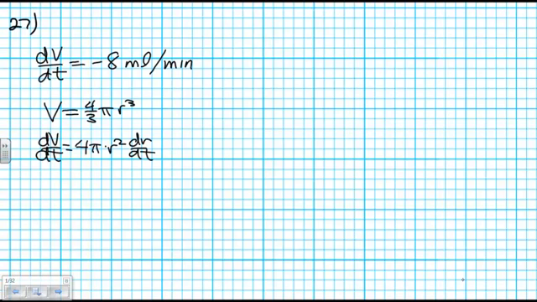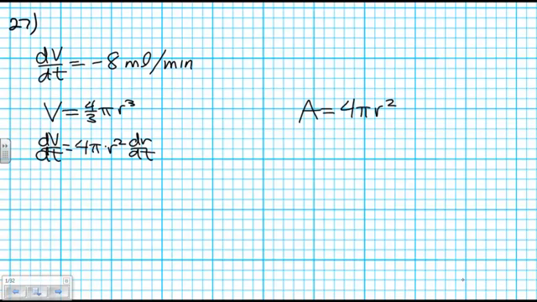Now, the funny thing is that the question they ask is, how is the surface area changing? I don't see any surface area in here. So let's go over here and write the surface area equation, which is 4 pi r squared, and let's take its derivative of both sides.